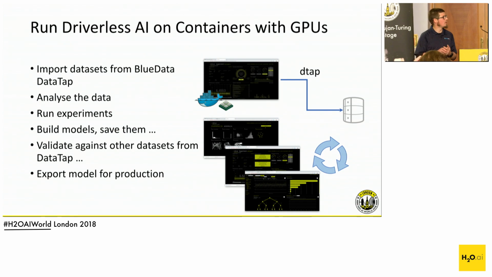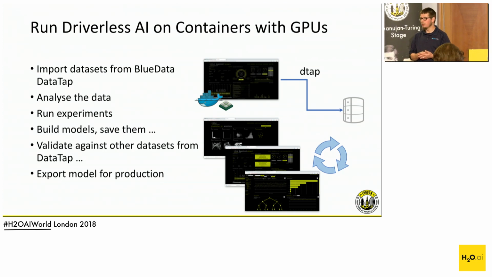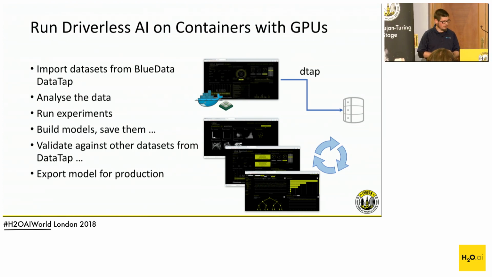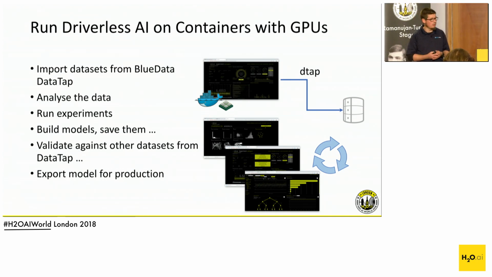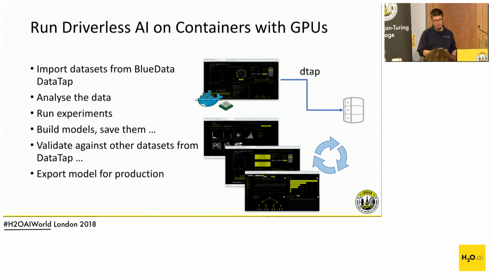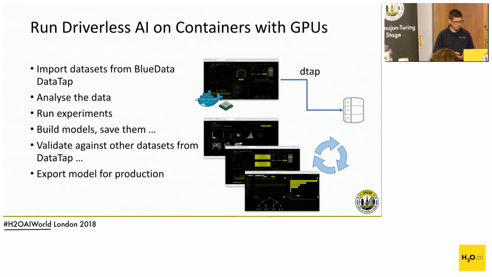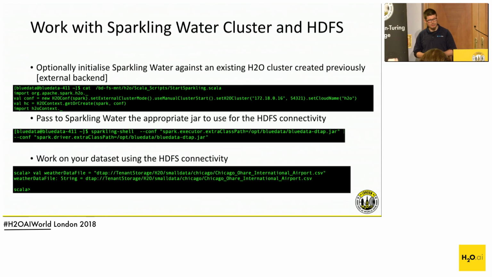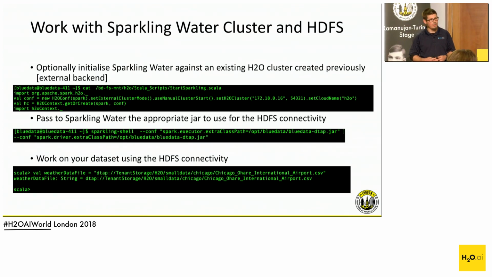You start to analyze the data, you start to build your model, you train your model, you validate your model on different datasets, and then you can export this model and put this model into production into an independent H2O or Sparkling Water cluster, which can be running inside BlueData as well. And you can validate very easily the scalability of your environment. So here it's an example of once you have created a Sparkling Water cluster, you can initialize this Sparkling Water cluster against a backend H2O Flow cluster.